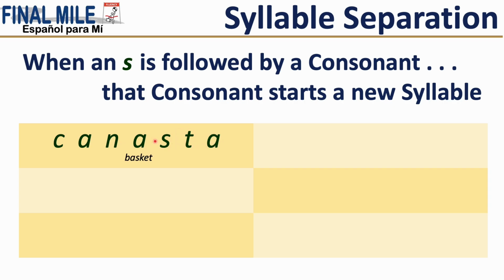And you know that Spanish speakers have a really hard time starting a word with an S that is followed by a consonant. You hear many people who are native Spanish speakers that are starting to speak English, and they say escool for school, right? Because that S at the beginning followed by a consonant is very, very challenging for them, okay? So for that reason, we do not do that. We never start a syllable with an S followed by a consonant. All right, so let's break this up.